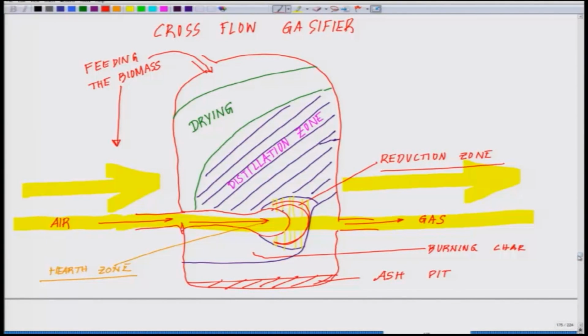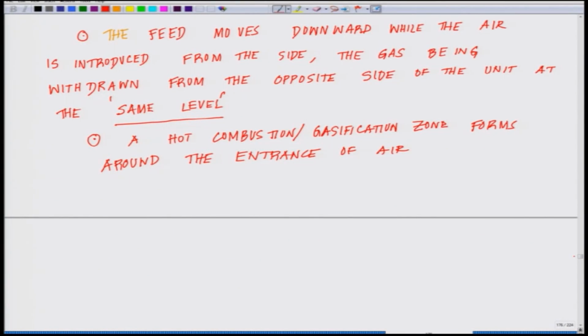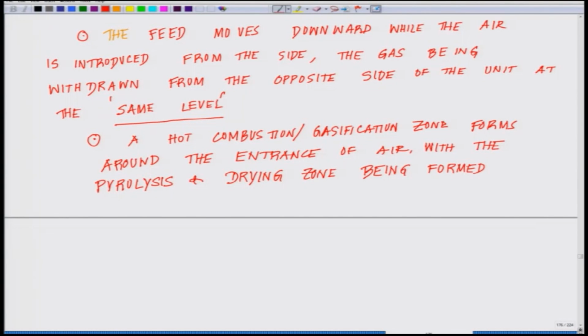The reduction zone. Okay. So, now at the entrance of air, with the pyrolysis and drying zone being formed higher in the vessel.